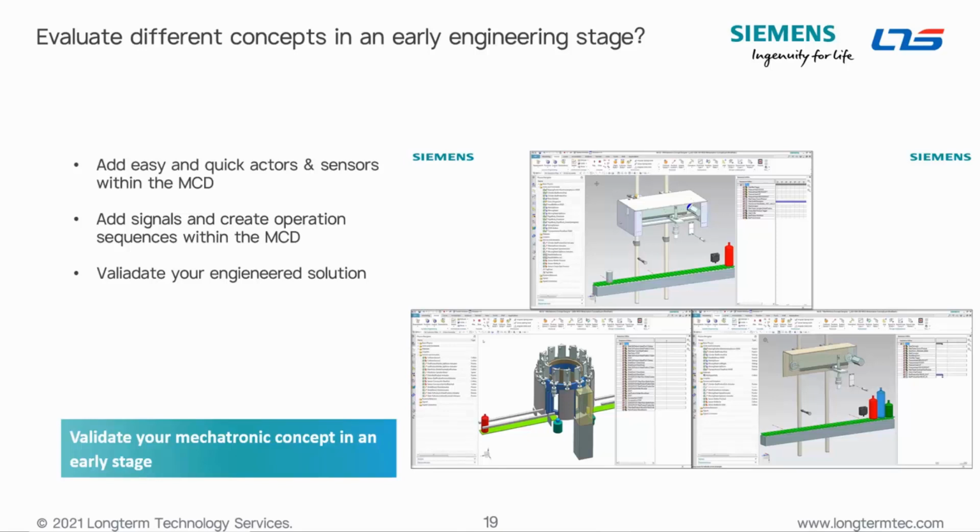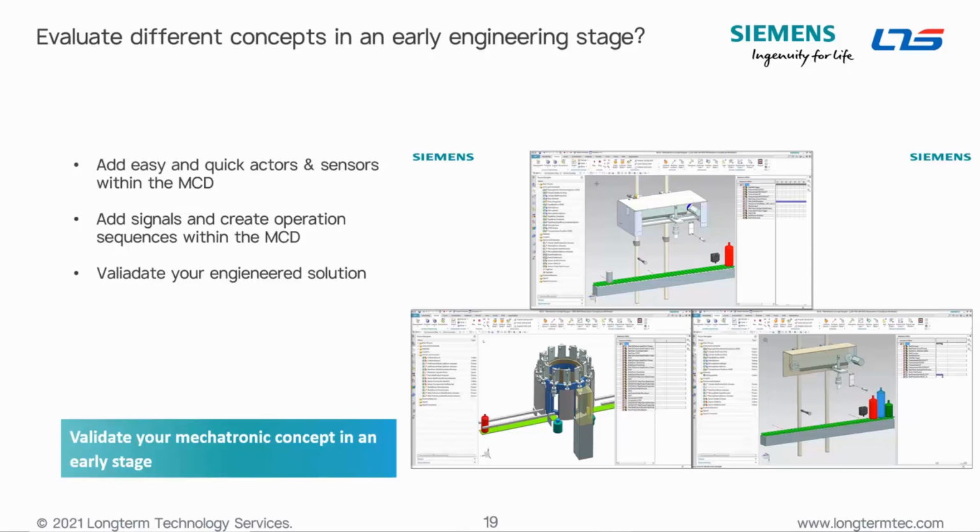The base situation where I start from is the upper screen, and on the left side I see a solution, and on the right side I see a solution. And the task is that I have to optimize the cycle time of proving my bottles.